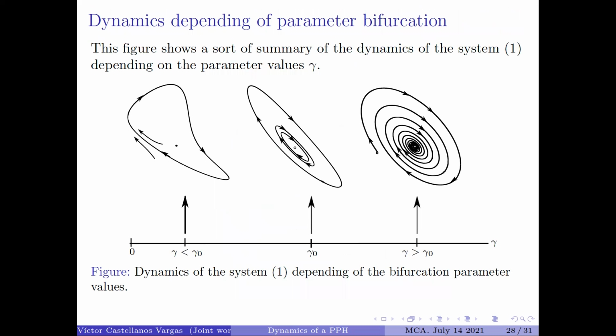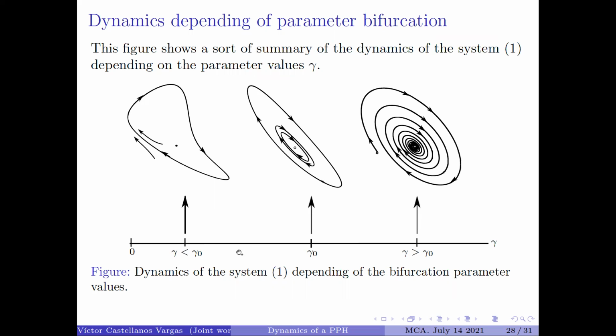This figure shows a sort of summary of the dynamics of the system 1 depending on the parameter value gamma. You observe that at the parameter value gamma 0, that is the bifurcation value, we have a center.